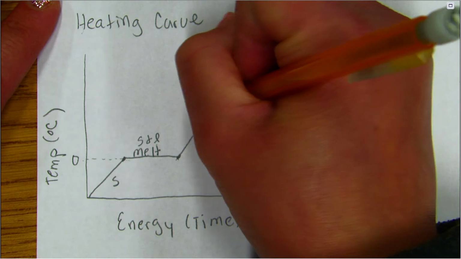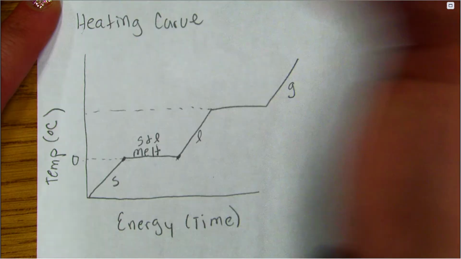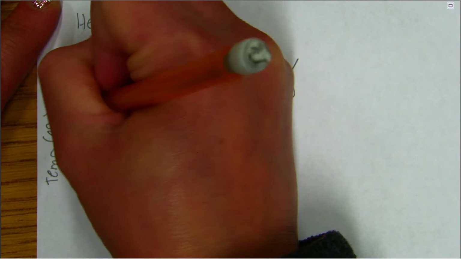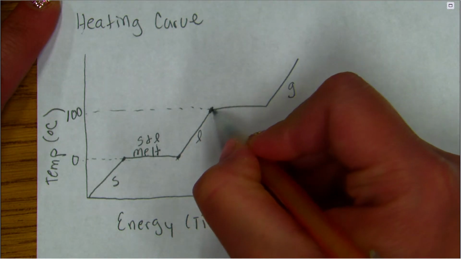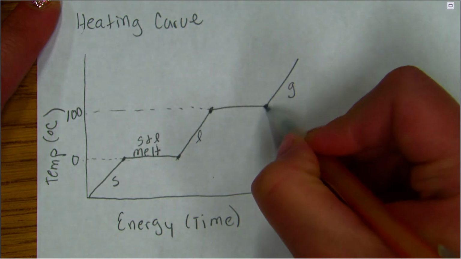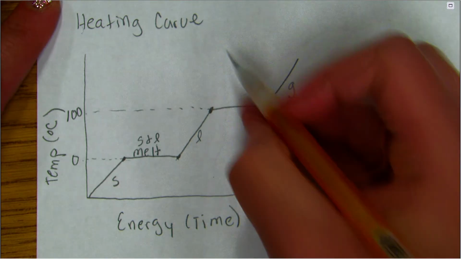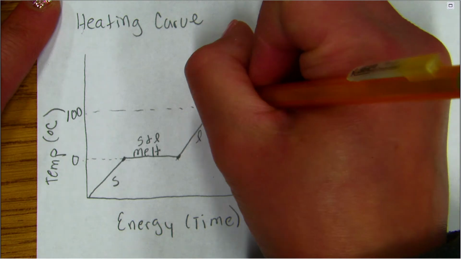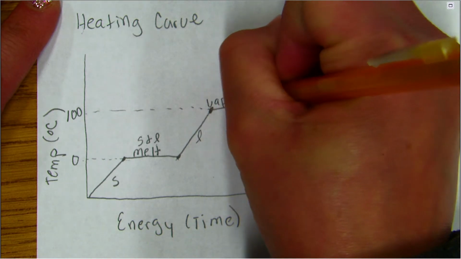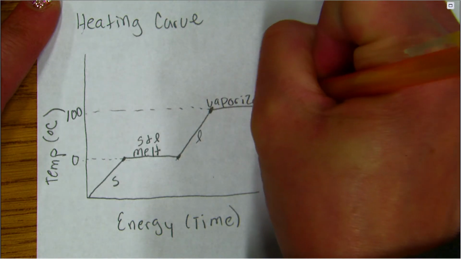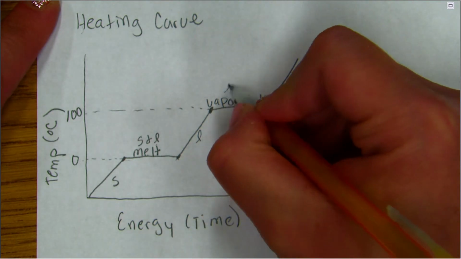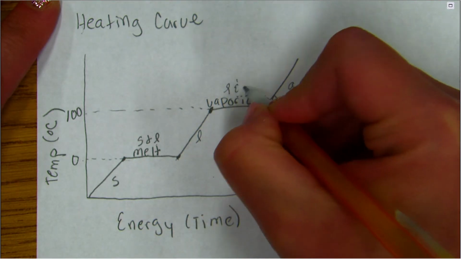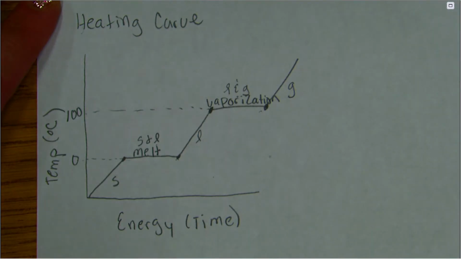All right. So here's my liquid. And we know that liquid water will at 100 degrees Celsius become a gas. So at this point, it is all liquid. At this point, it is all gas. And the process at which we go from a liquid to a gas, we call vaporization. And through this process of vaporization, I have liquid and I have gas at the same time.